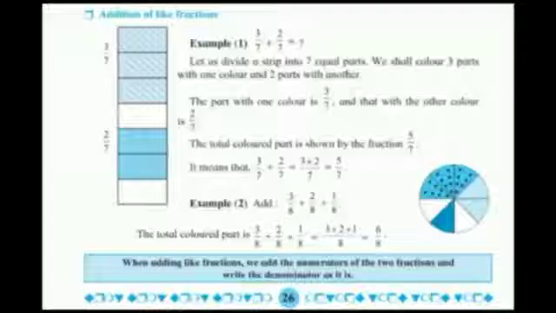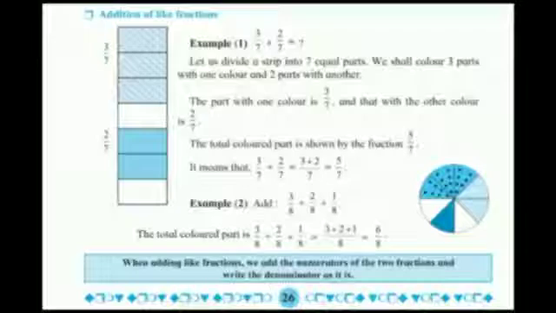Now students, we are going to learn the further part of the fractions, that is addition of like fractions. Just now we studied comparison of like fractions and unlike fractions. Now we are going to learn the addition of like fractions. Now you all can see the example, that is 3 upon 7 plus 2 upon 7. Now let us divide a strip into 7 equal parts.